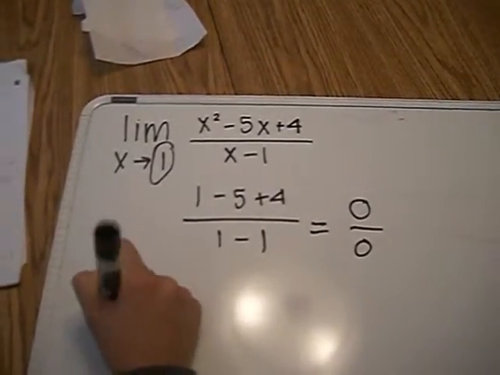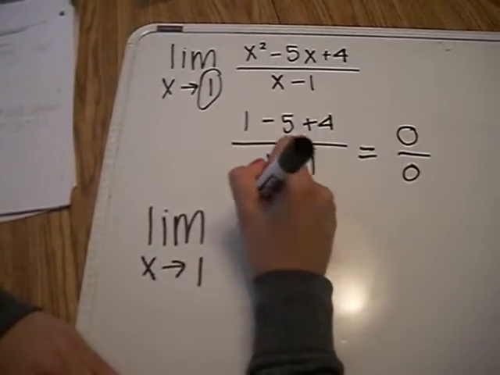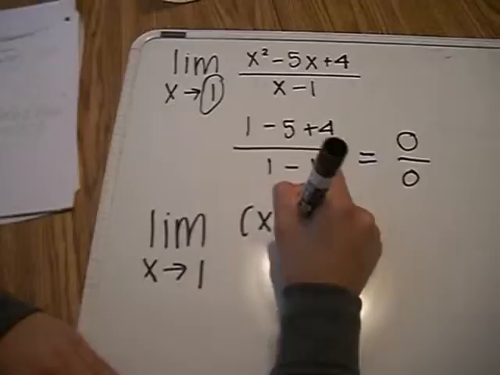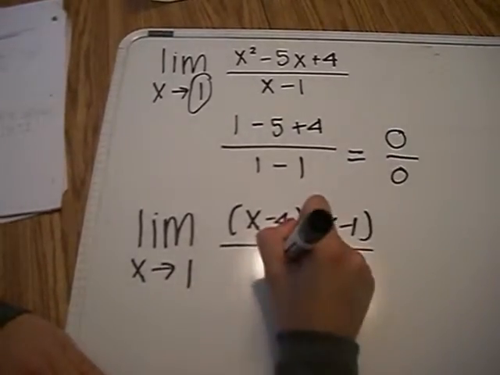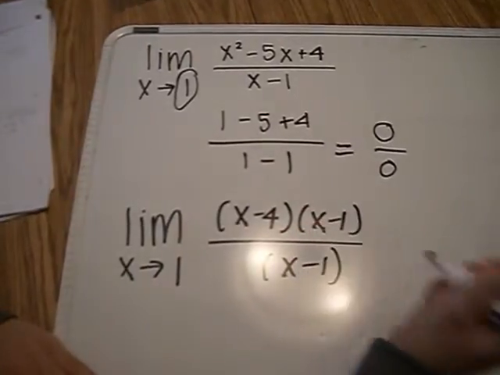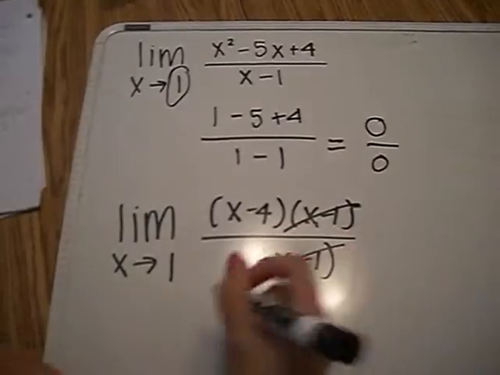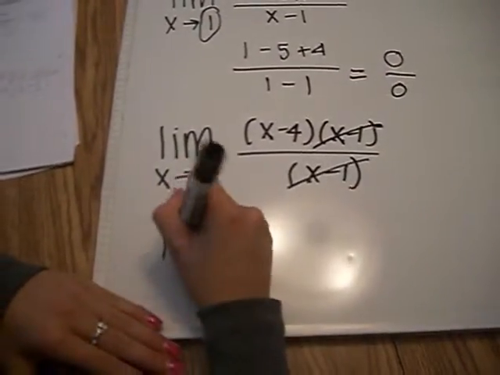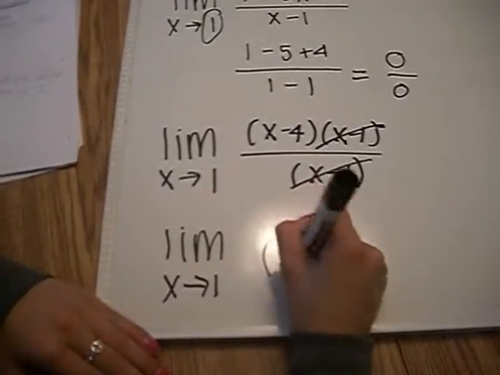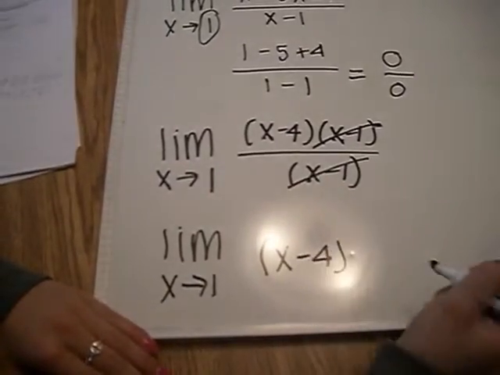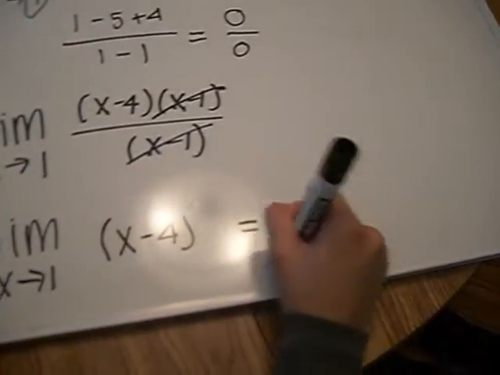So you have the limit as x approaches 1 of x minus 4 times x minus 1 all over x minus 1. And wow, these cancel out. Goodbye. So then you have the limit as x approaches 1 of x minus 4. When you plug in the 1, this will give you an answer of negative 3.